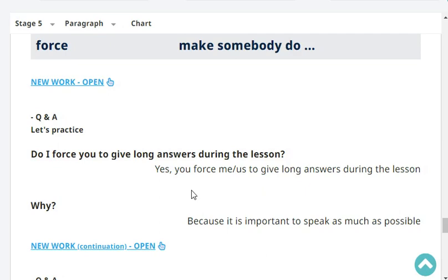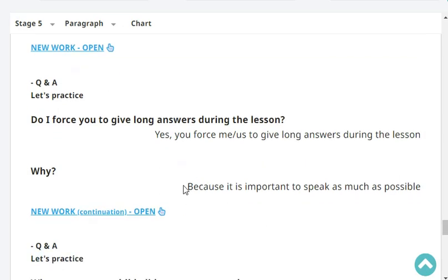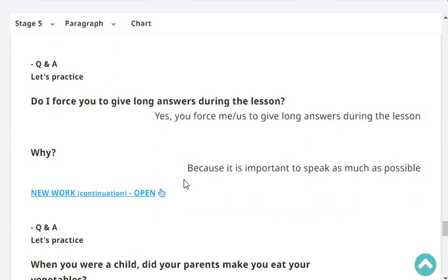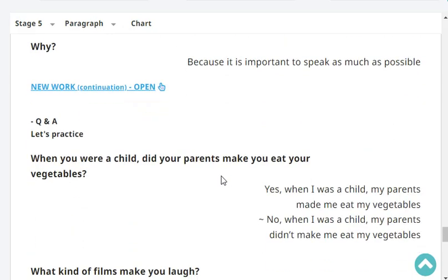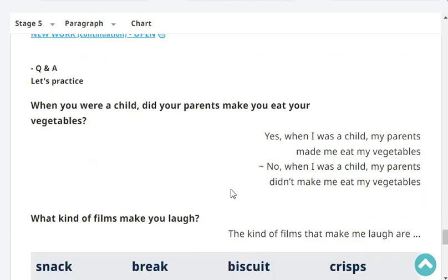Do I force you to give long answers during the lesson? Yes, you force me to give long answers during the lesson. Why? Because it is important to speak as much as possible. Very good. When you were a child, did your parents make you eat your vegetables?